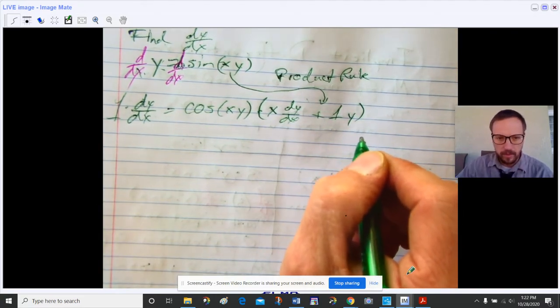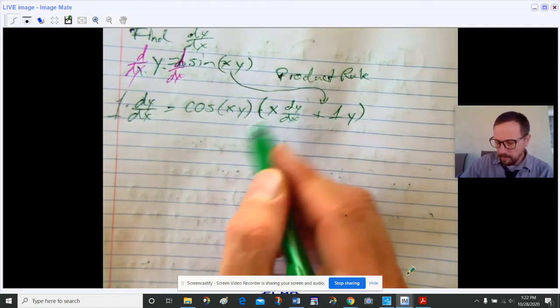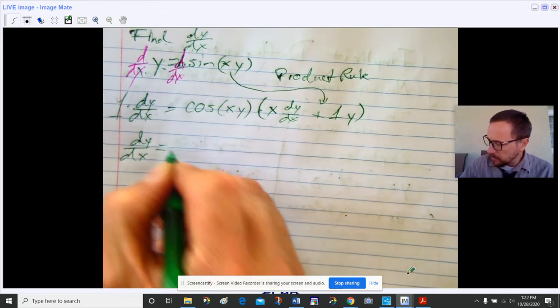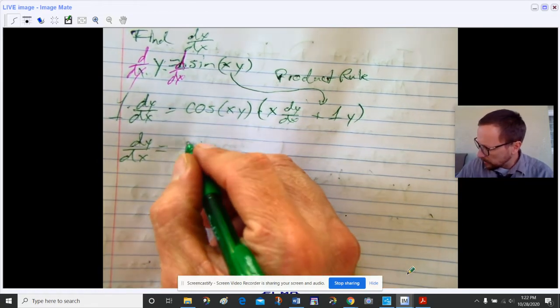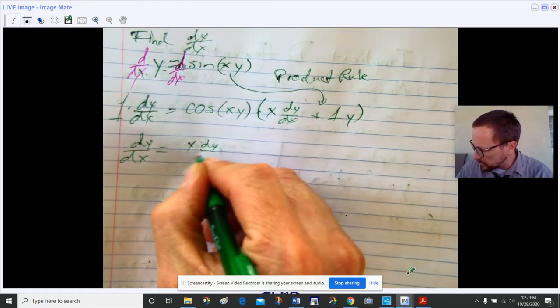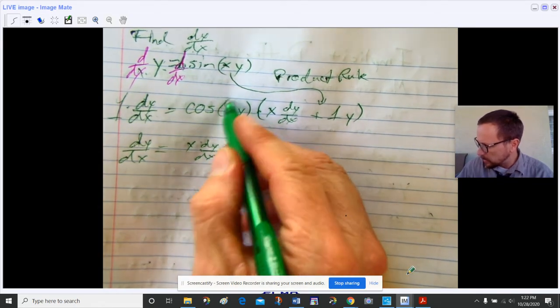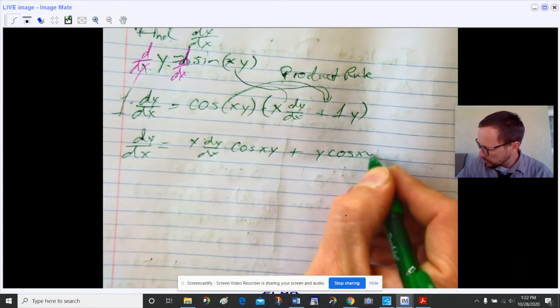Okay, now we're like, all right. So we have to get the dy over dx's together, and now we get to do all sorts of algebraic acrobatics to do so, because what we're going to have is x dy over dx cosine of xy, if we distribute the cosine of xy into here, plus y cosine of xy.